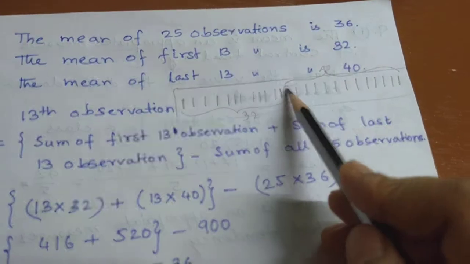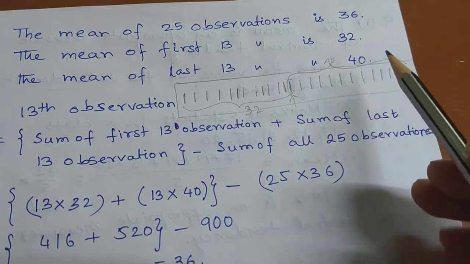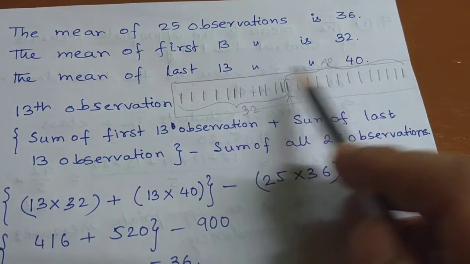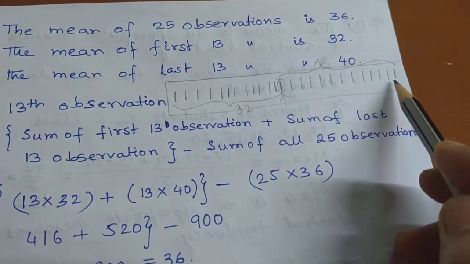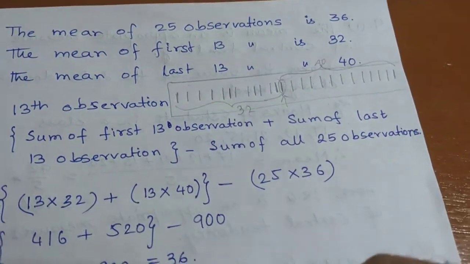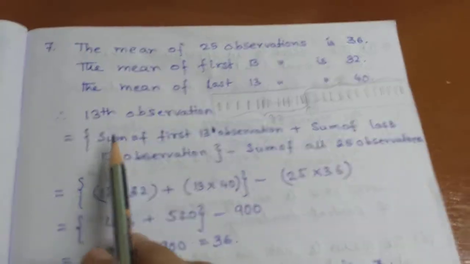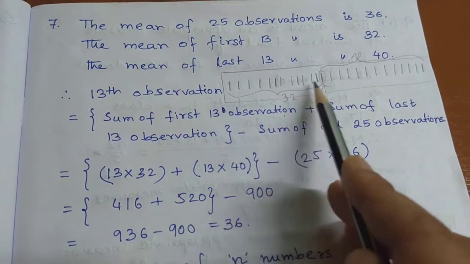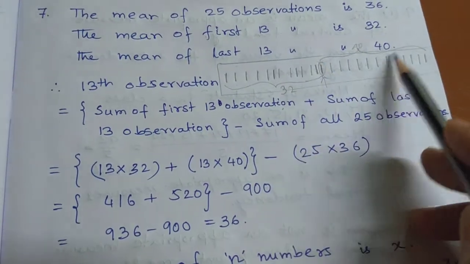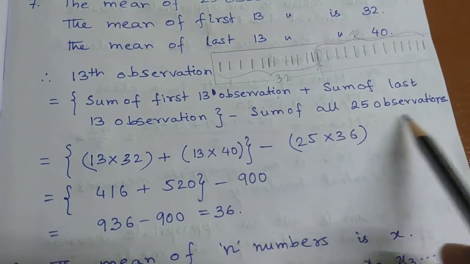We have to find the total of the first group and the total of the last group, add them, and from their sum subtract the total of all 25 observations. We will get the 13th observation, because it is counted twice here. So the 13th observation equals the sum of the first 13 observations plus the sum of the last 13 observations minus the sum of all 25 observations.